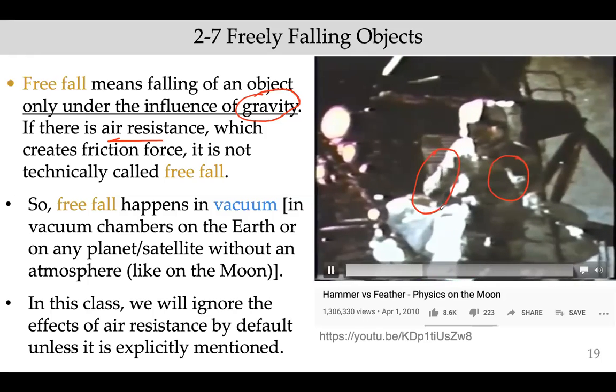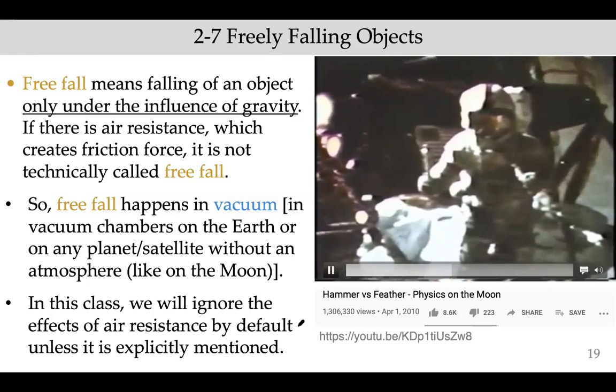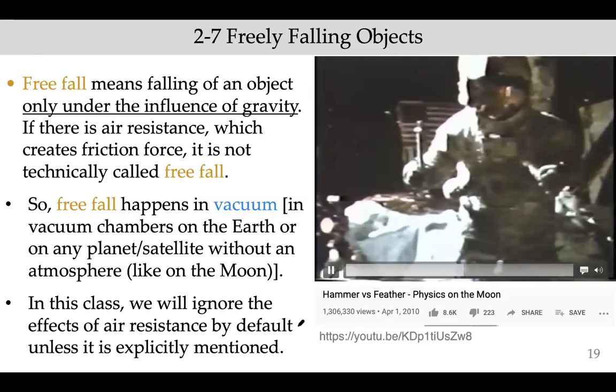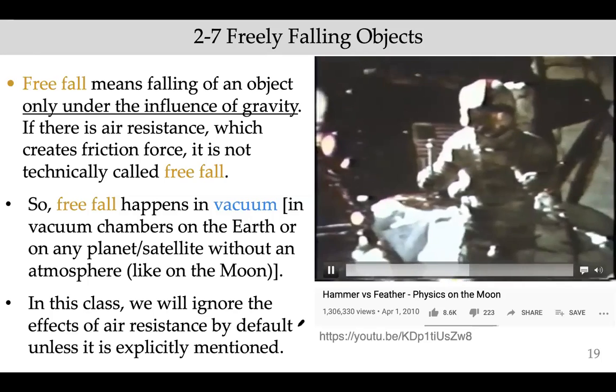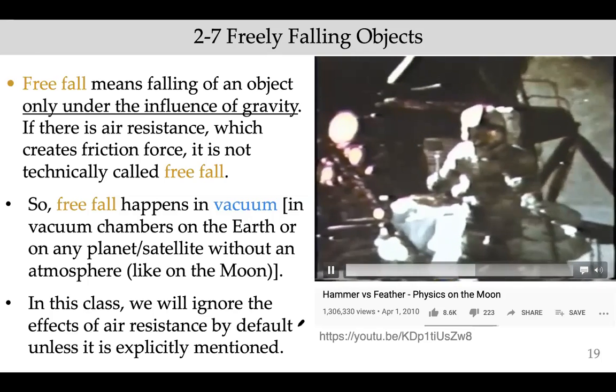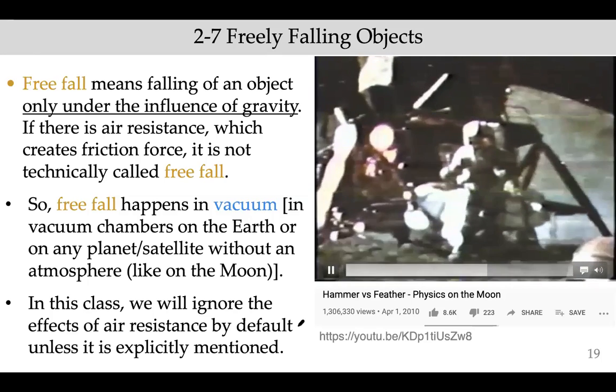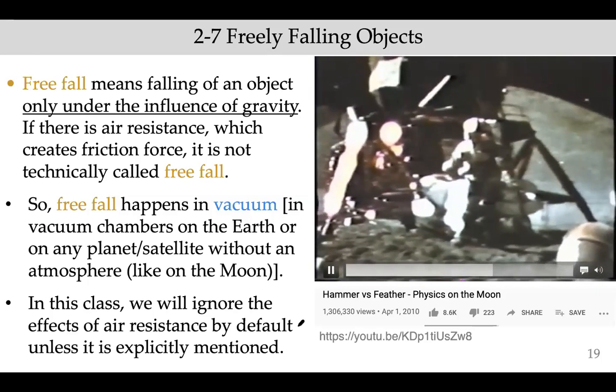Of course the hammer goes down faster than the feather. But if you do this on the moon, let's see what's going to happen. And keep in mind, there is no atmosphere, so there's no air on the moon. And he's going to drop them now.